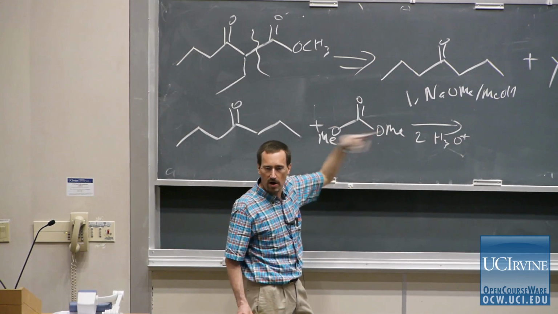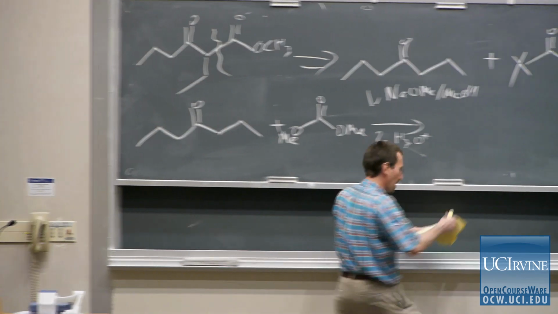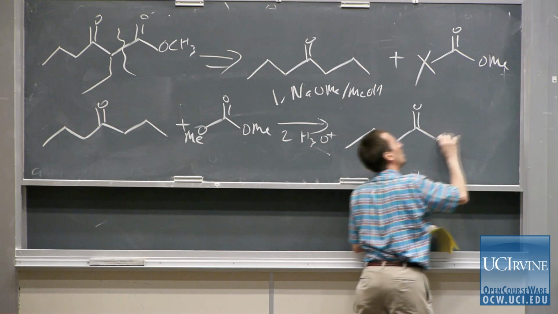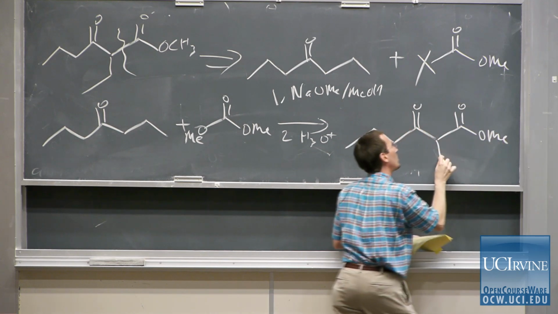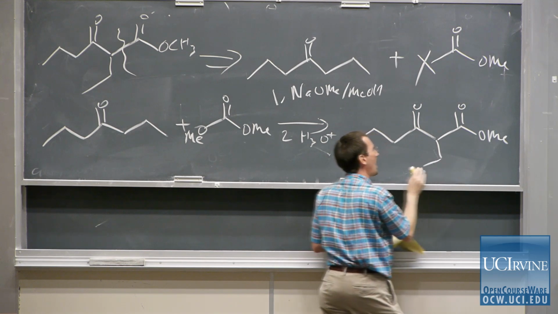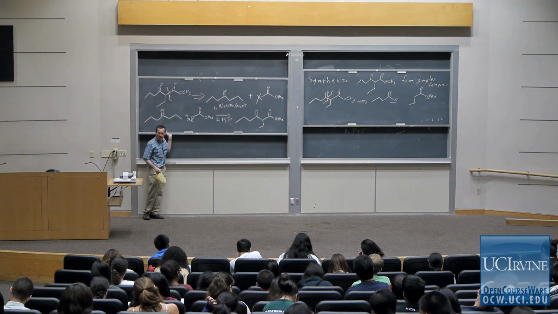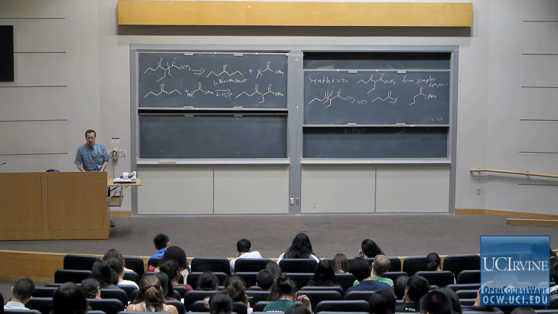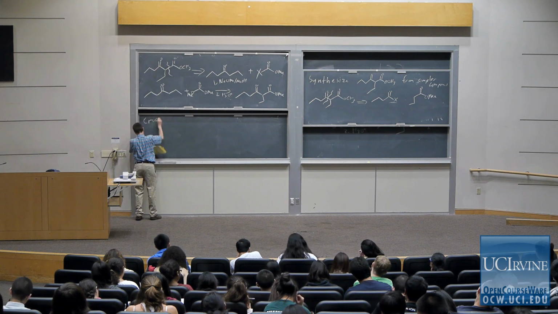The 1,3-dicarbonyl is more acidic. The methoxide pulls off the proton. And I've come up with a reasonable alternative synthetic route to the compound that I asked the question about. And that's beautiful. That's profound. We call this reaction a crossed-Claisen reaction.